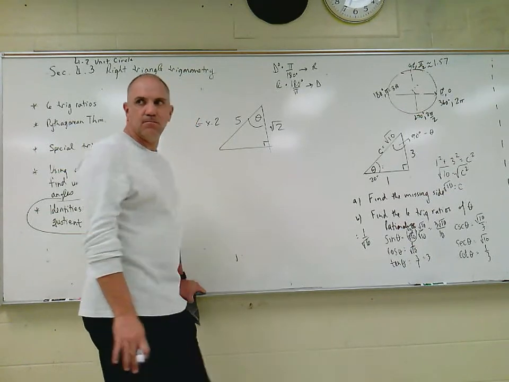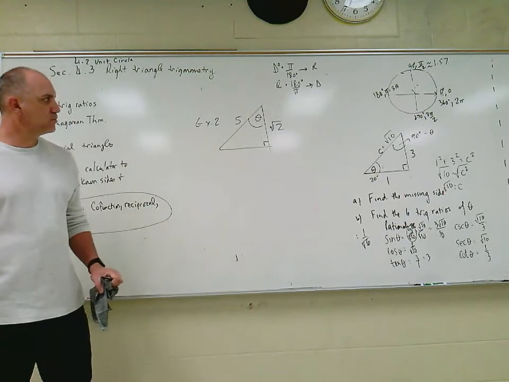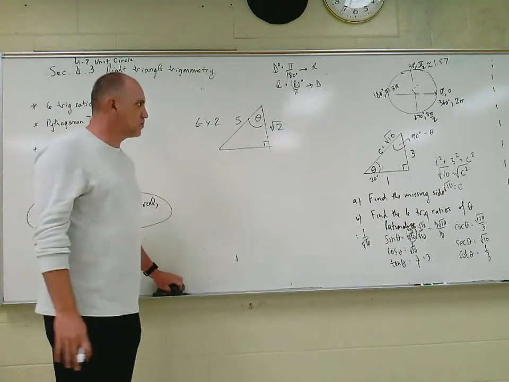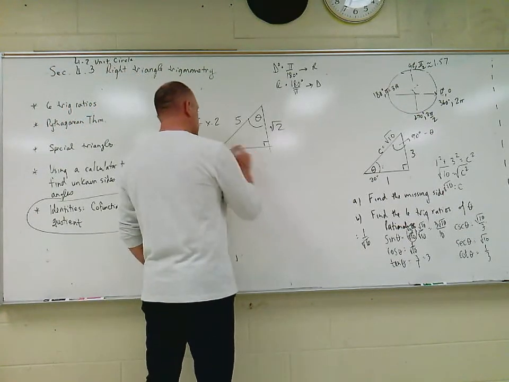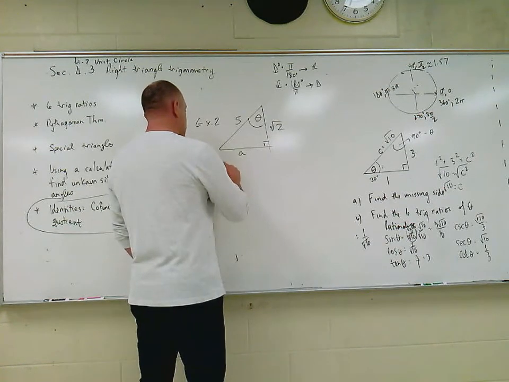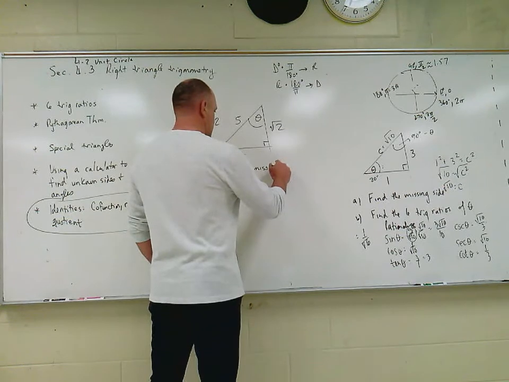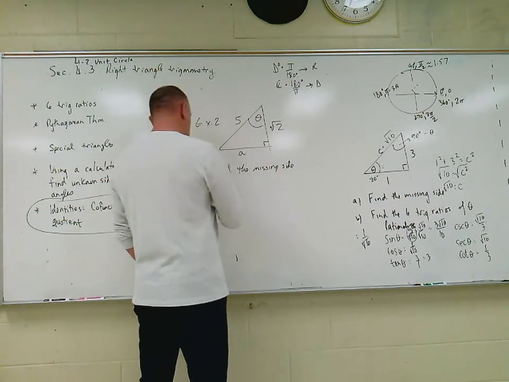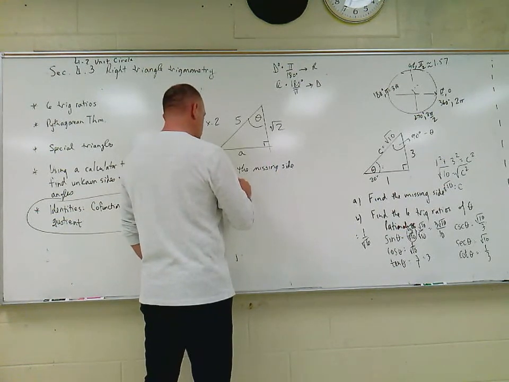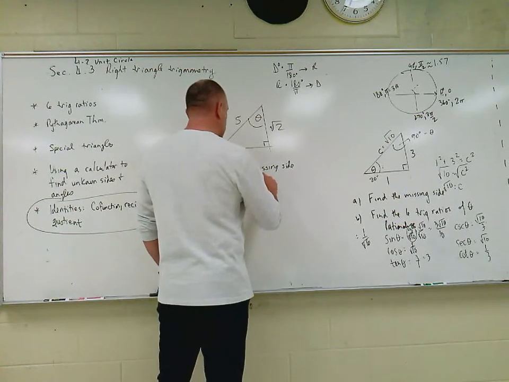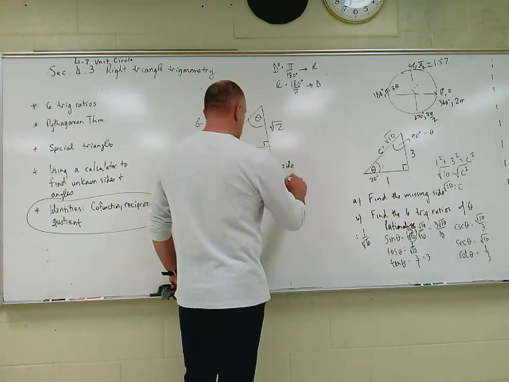Okay, there you go. So part A, find the missing side. Part B, evaluate the 6 trig ratios of theta.